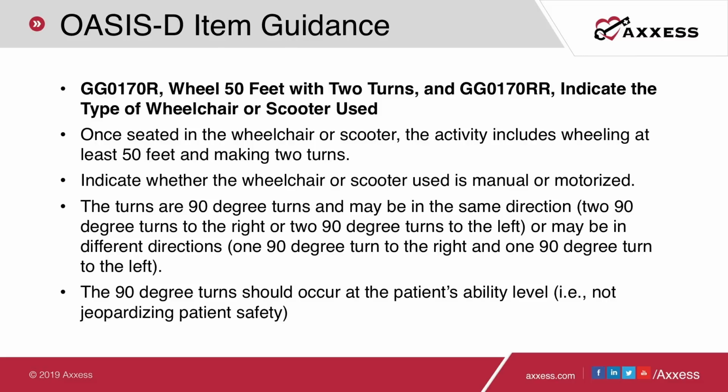The turns are 90-degree turns, and they can be in the same direction, which means 2 90-degree turns to the right or 2 90-degree turns to the left, or they can be in different directions. Maybe they do 1 90-degree turn to the right and then 1 90-degree turn to the left. The 90-degree turn should occur at the patient's activity level. In other words, we're not going to jeopardize the patient's safety to find out this information.